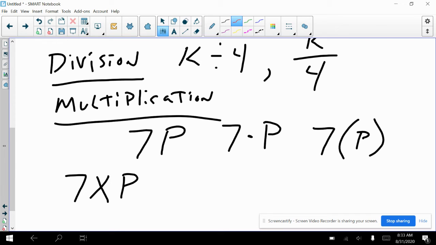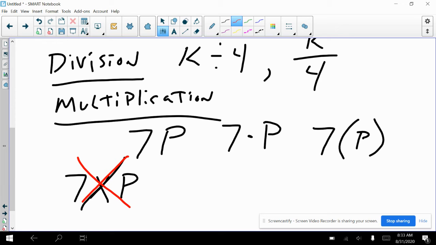Because we're coming to the point, we're going to get there quickly, that's 7 times a number times another number. X is the most commonly used variable in mathematics. Try not to use it when you get to pick a variable, because a lot of people think that it's a multiplication symbol. Use something else. So this is not good.